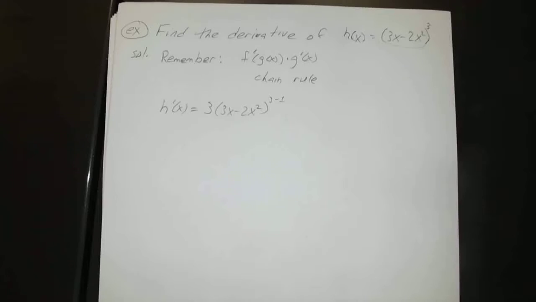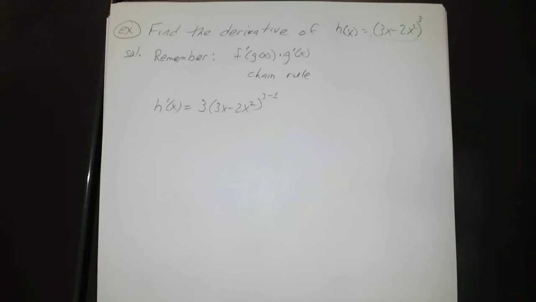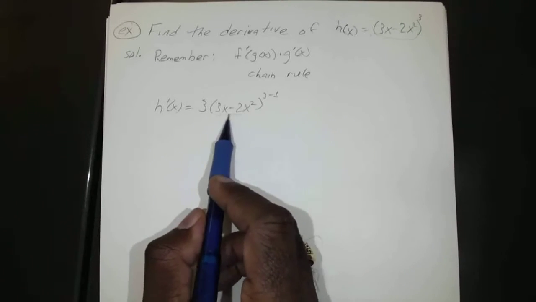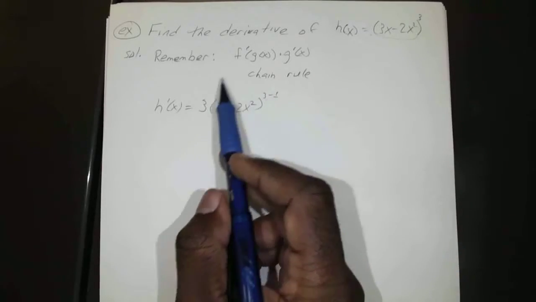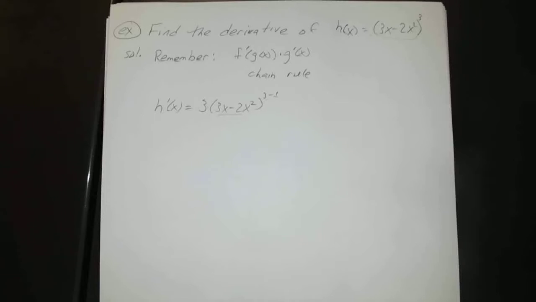So that's the same thing we always did with the power rule. We always brought the exponent down, then subtracted 1. This is the f prime of g of x. So if this is your g of x, we're just finding the derivative of that. Just like with the power rule, you just bring down the exponent and subtract 1. That's what we did here.